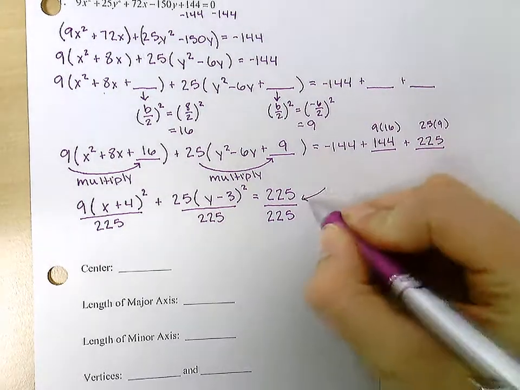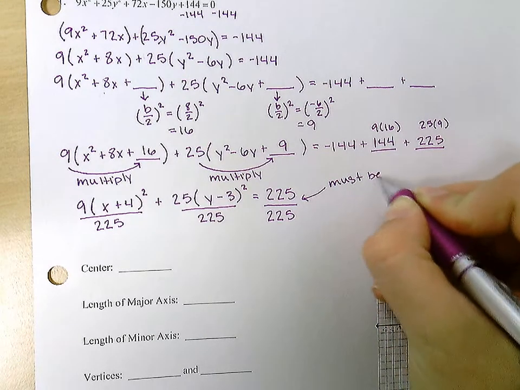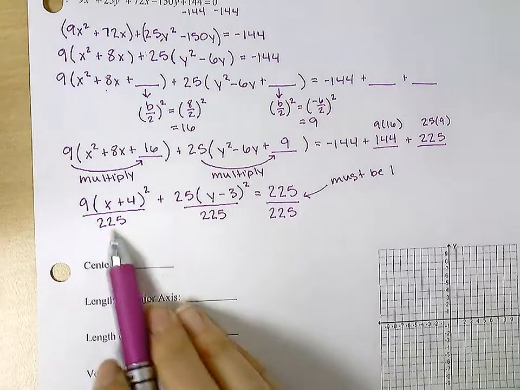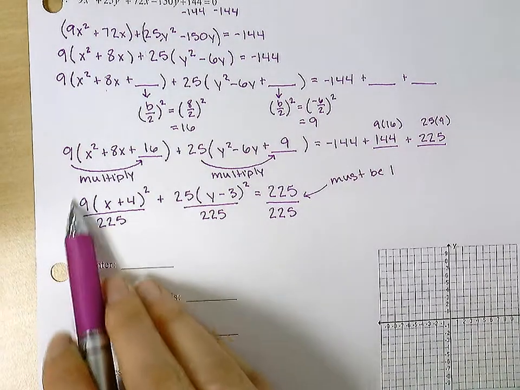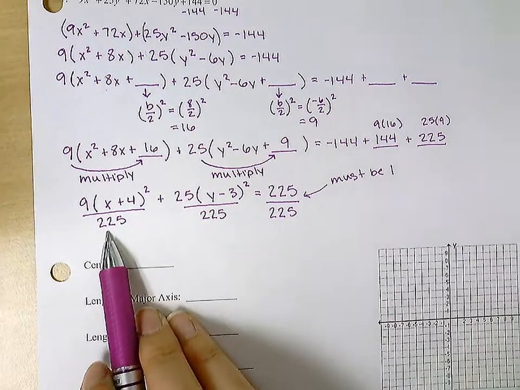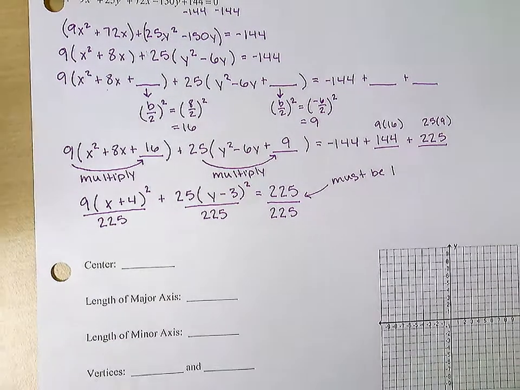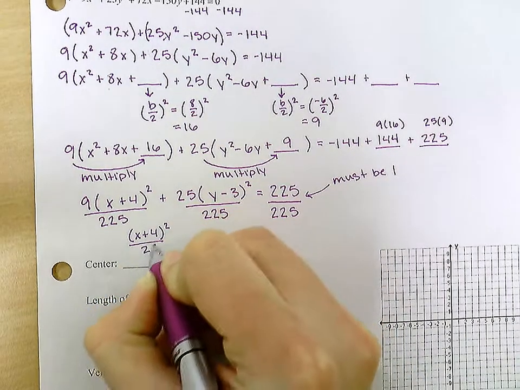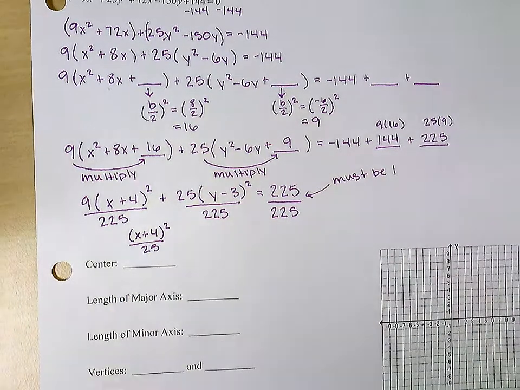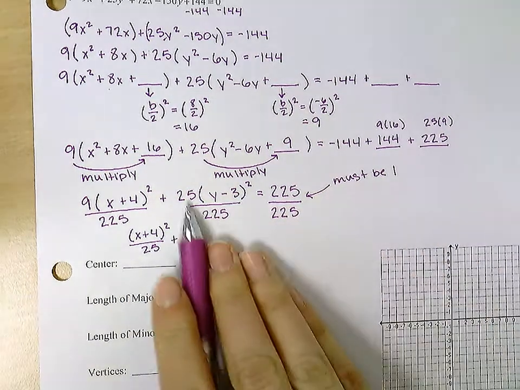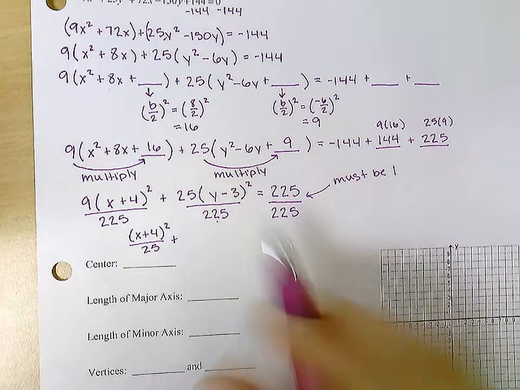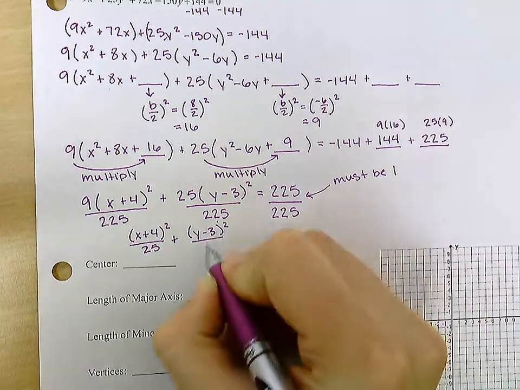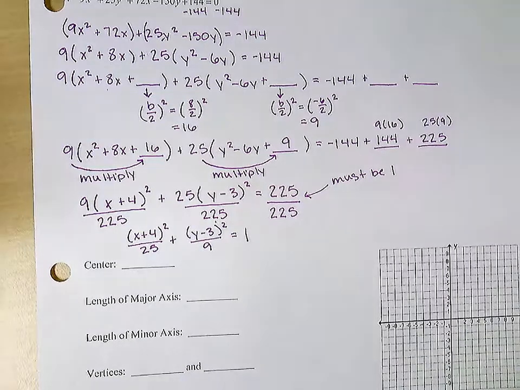Okay, so this has to be a 1. So in the front here, all I have to do is reduce that fraction of 9 over 225. So divide 225 by 9 to get 25. Plus, same thing here, reduce that fraction. So I have y minus 3 squared over 9 is equal to 1.